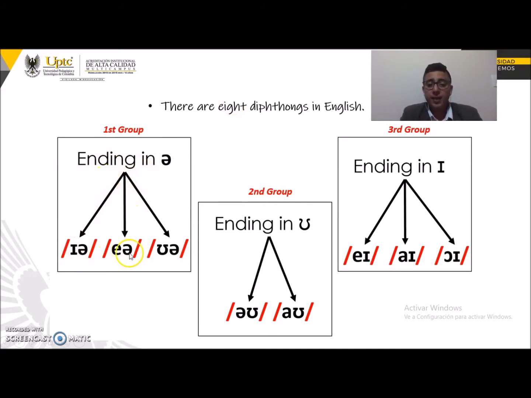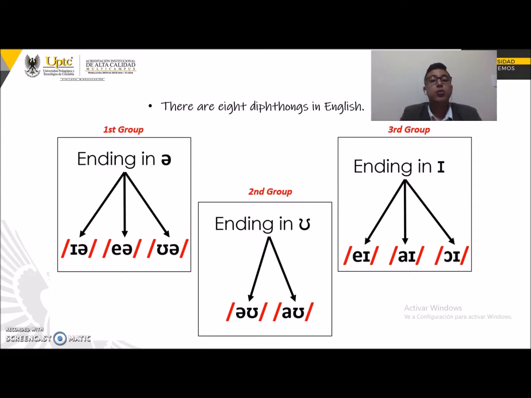All of them, if you can take a look, end in schwa. Let's remember that schwa is not an easy sound because we're not used to that, and also because there are some different characteristics that might not determine the right answer to define schwa.